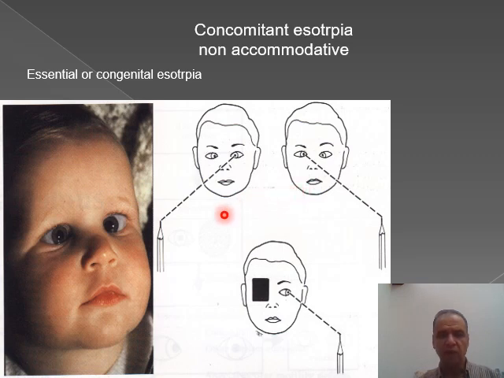And if we examine them with normal anterior segment and posterior segment, here the most common treatment is surgical, because there is no associated refractive error or high AC over A ratio. And as I mentioned for you, surgery should be done as early as possible to restore the best quality of binocular single vision.